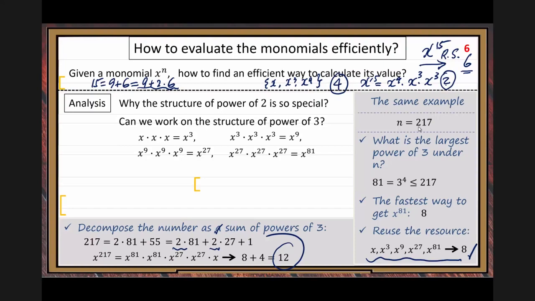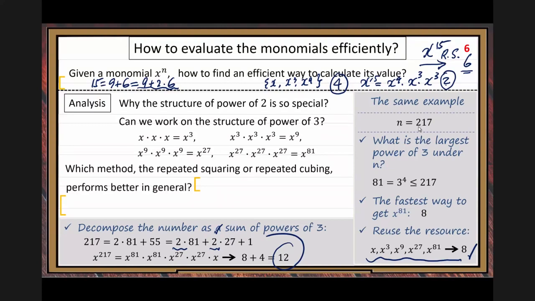Here you can see our conclusion: sometimes repeated squaring is faster, sometimes repeated cubing is faster. It depends on the number n, the structure of n. Which method performs better in general? You cannot say one is clearly better.